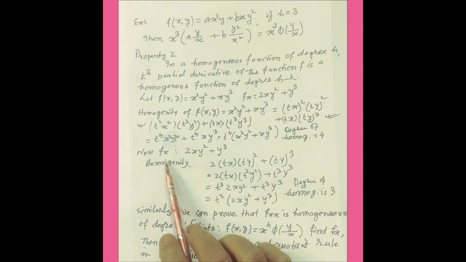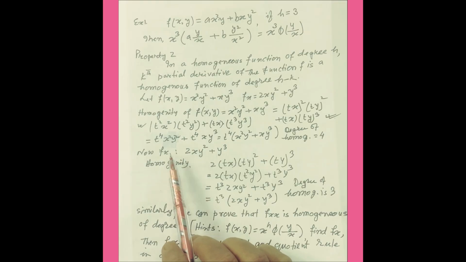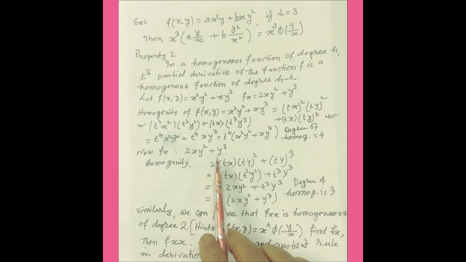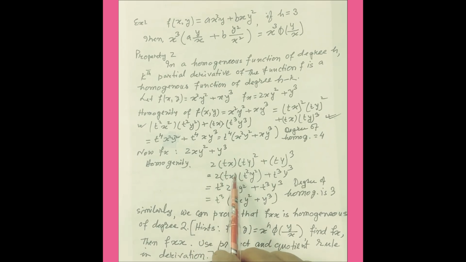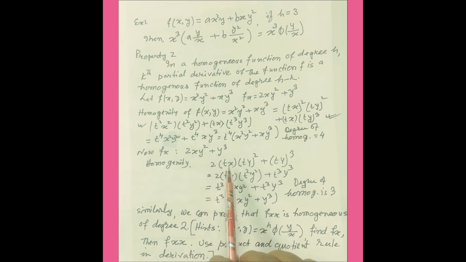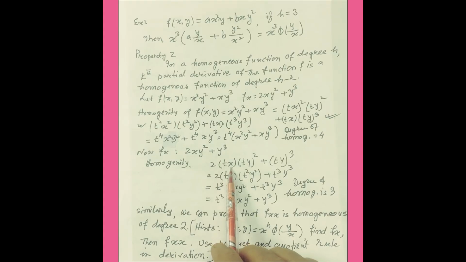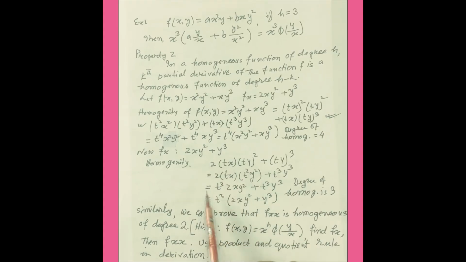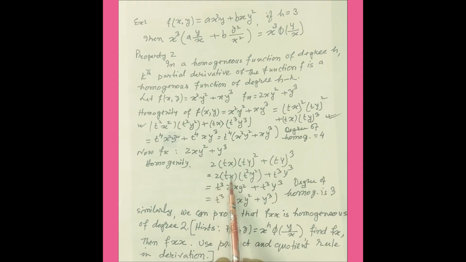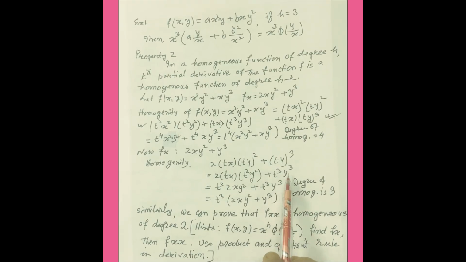Now fx, first derivative with respect to x, is 2x y square plus y cube. Now let us test the homogeneity of this. So if we raise the variables by t times, 2tx into ty square plus ty whole cube is equal to 2tx t square y square plus t cube y cube.